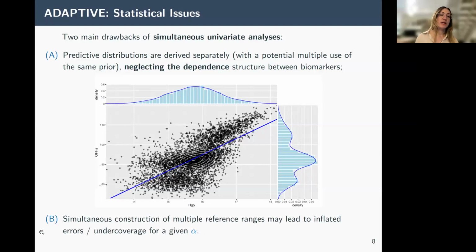So this is point number B. But at the same time, since predictive distributions are derived separately, they do not account at all for any dependent structure between the different biomarkers.